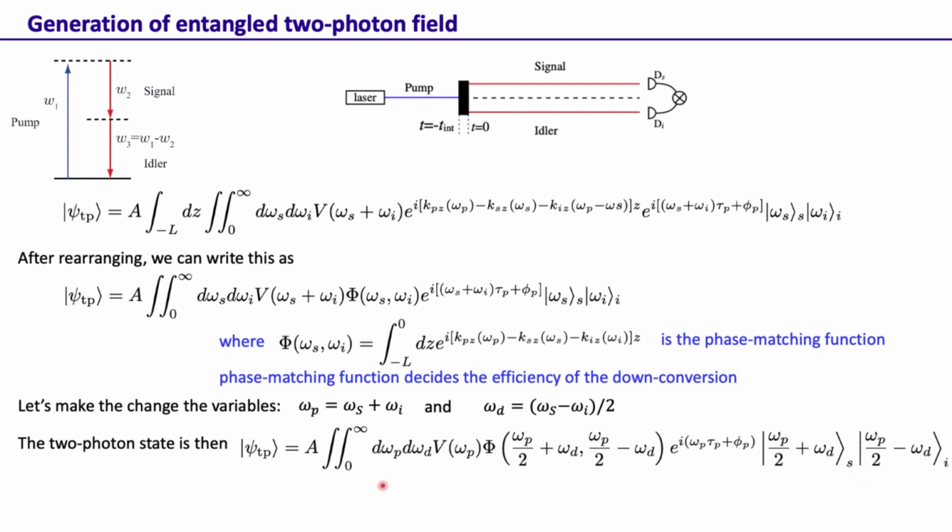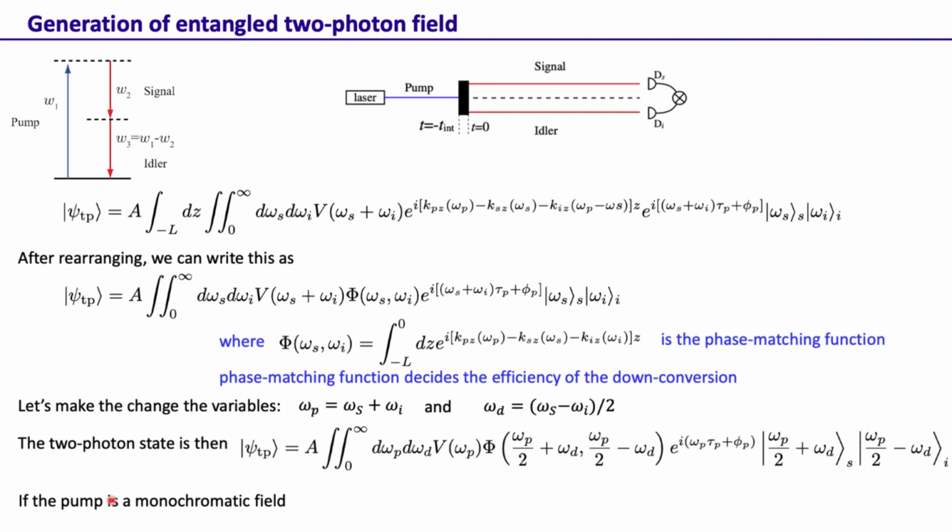The pump amplitude v is now a function of just omega p. These are the variables for phase matching. That's the signal state, which was just omega s, now omega p by 2 plus omega d, and this is the state of the idler. So this is the two-photon state in this new set of variables.